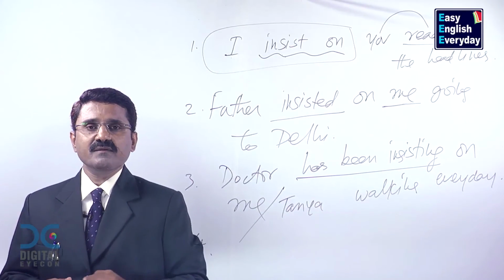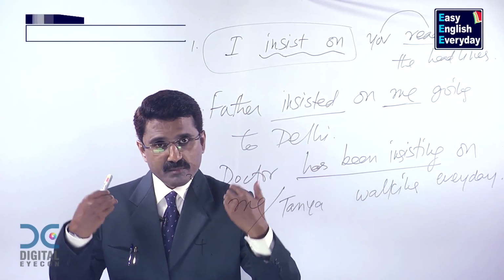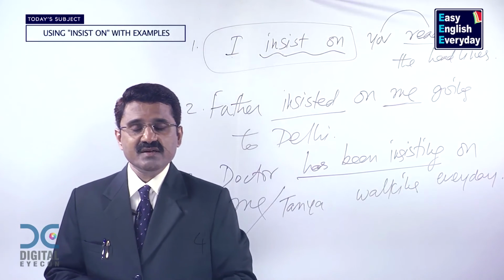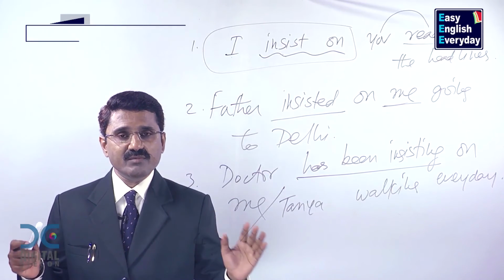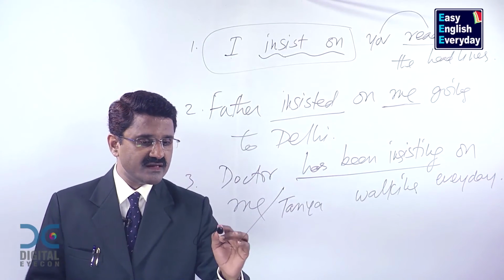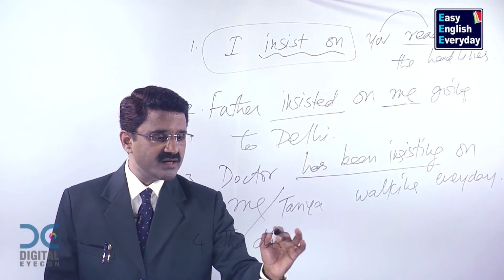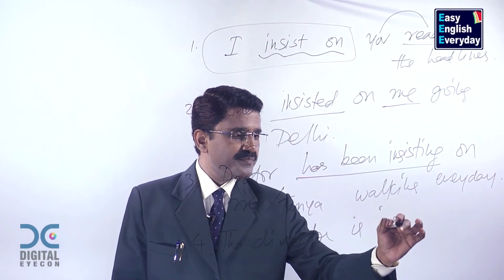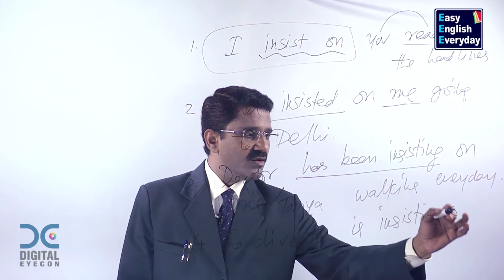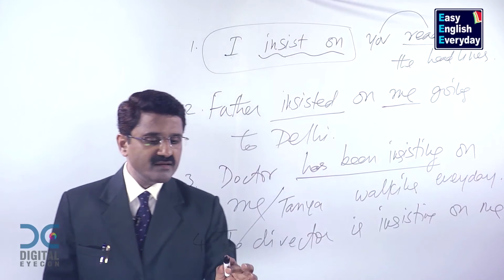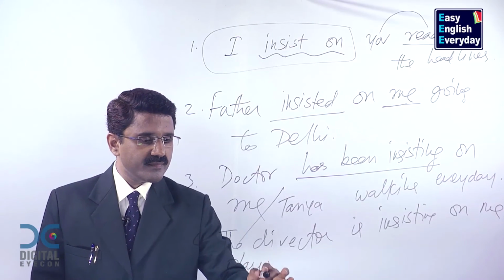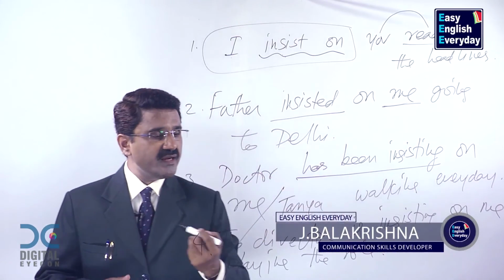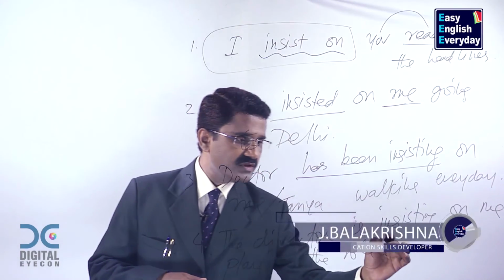The director wants only me to play the role of villain in his movies. He does not want anybody else. Then how to say that? The director is insisting on me playing the role of villain. The director is insisting on me playing the role of the villain.